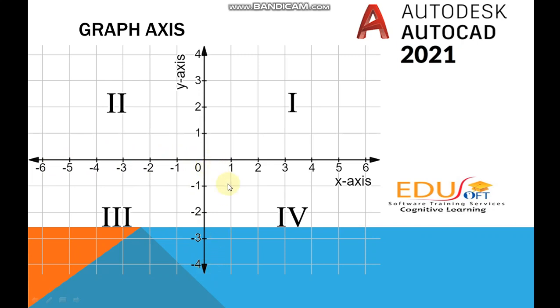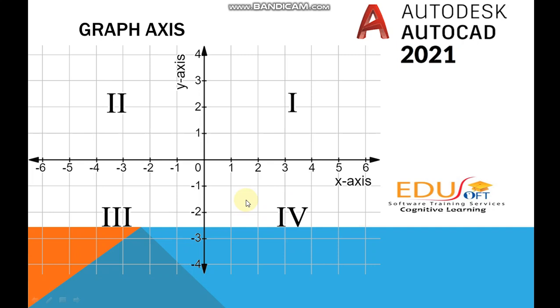If you are starting from this point towards this point, that is in the fourth quadrant of your graph, then the input will be negative values. So if it is starting from here, it will be @1,-1. If it is ending here, then it will be @4,-3.